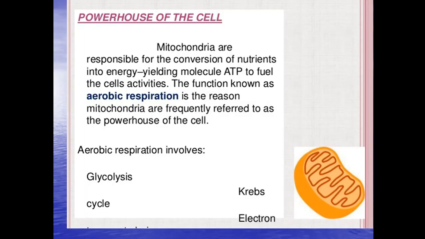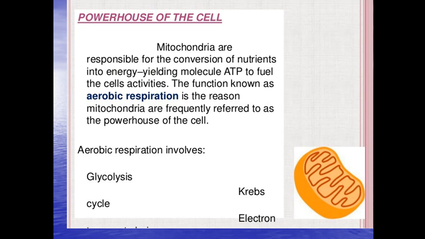So these mitochondria are responsible for the conversion of nutrients into energy-yielding molecules. Whatever food we eat is ultimately converted into adenosine triphosphate, and that is the fuel for all cellular activities.